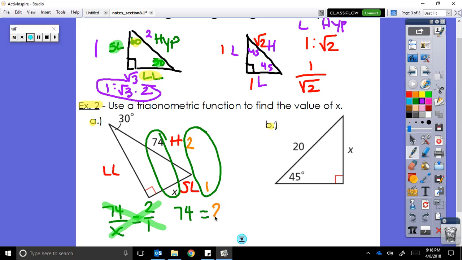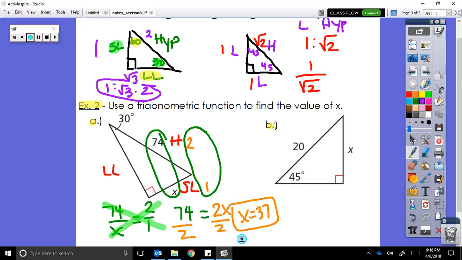X times 2 is 2x. Divide by 2, divide by 2. So x is 37. Okay. So there's one example of 30, 60, 90. Here's what I don't want you to do. If you're dealing with the square root 3, I don't want you to punch that in your calculator. I want you to use fractions if at all possible. Okay?